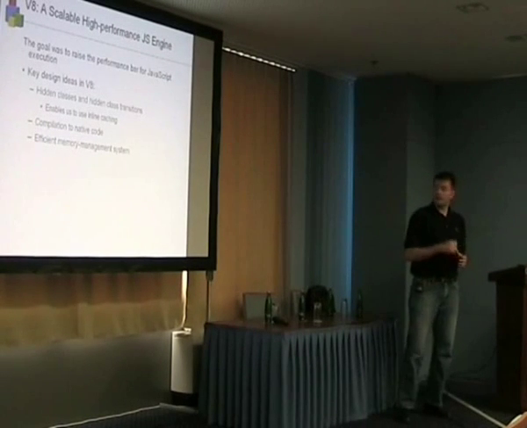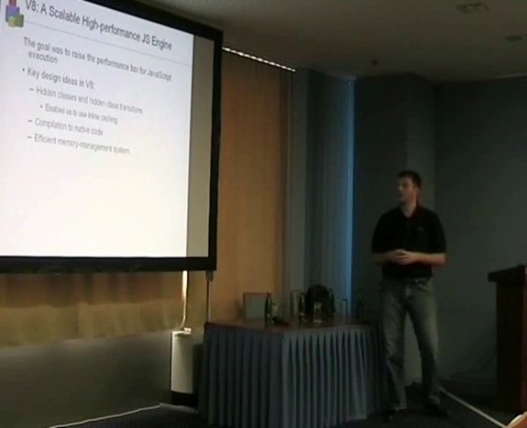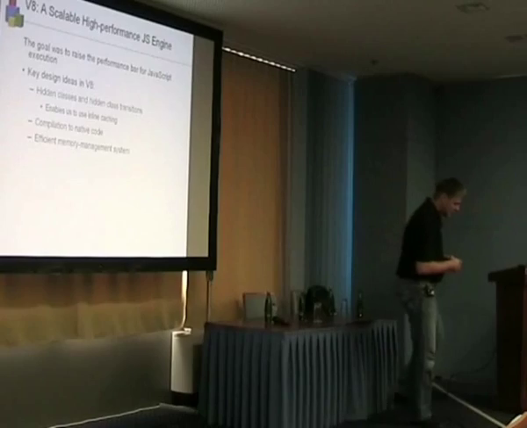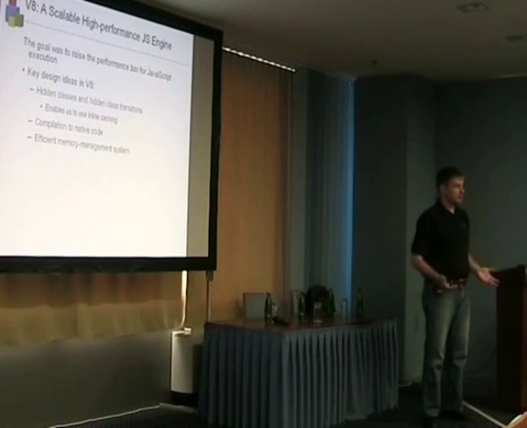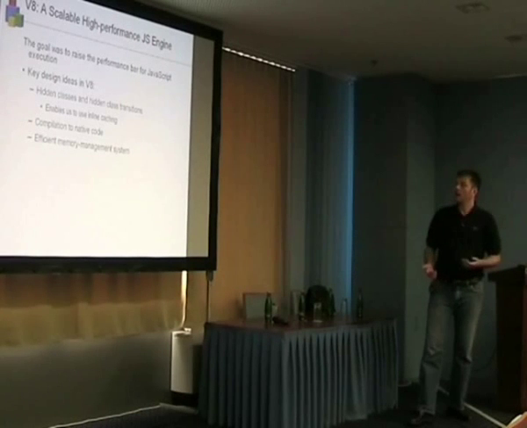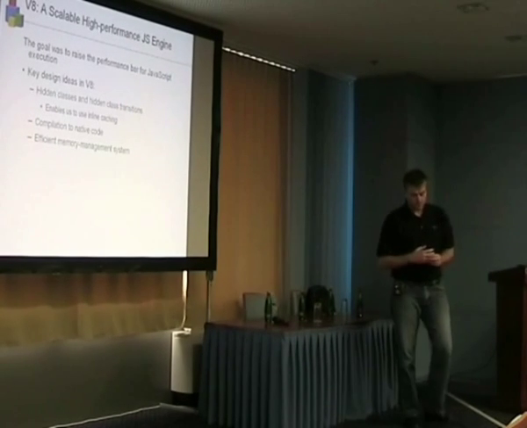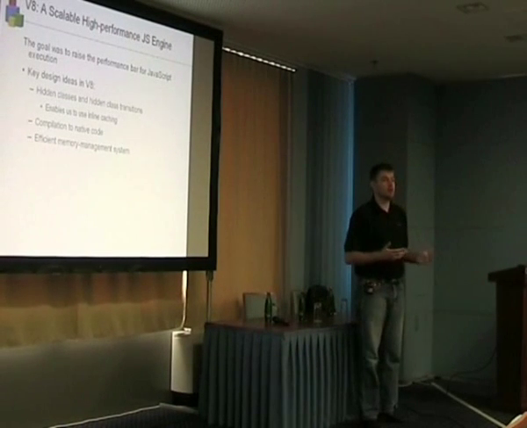The second thing that we do is that we compile to native code. And the third thing that we do is that we have an efficient memory management system. By that I mean that if you write a big application that creates a lot of objects, and you do not design your memory management system to take this into account, you'll experience big pause times.